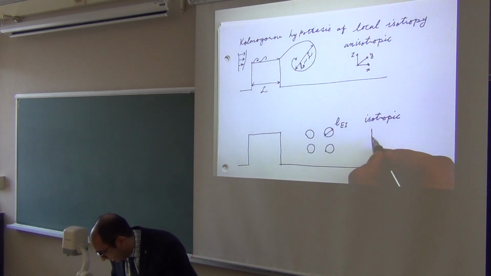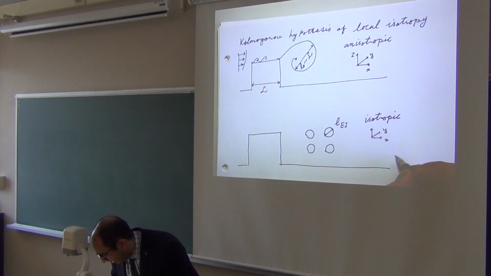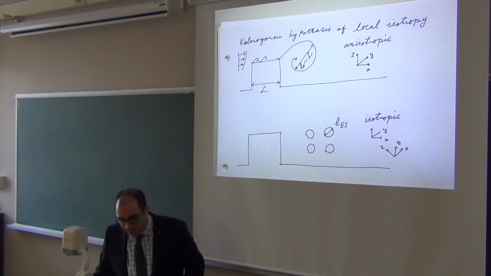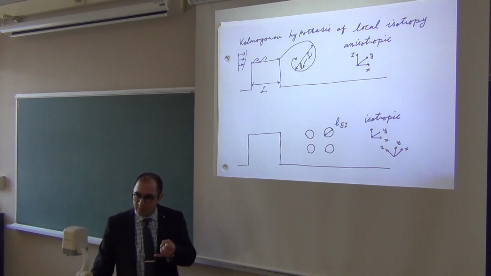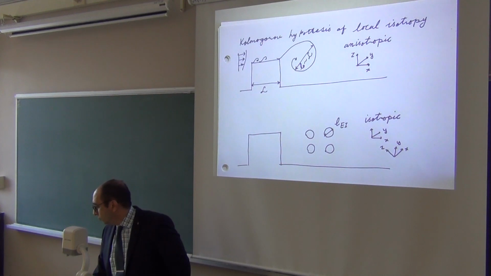Which means that now it doesn't matter if I rotate my coordinate system. Whichever way I rotate my coordinate system, I'm going to measure the same components of Reynolds stress. Like u squared, v squared, w squared will be the same.